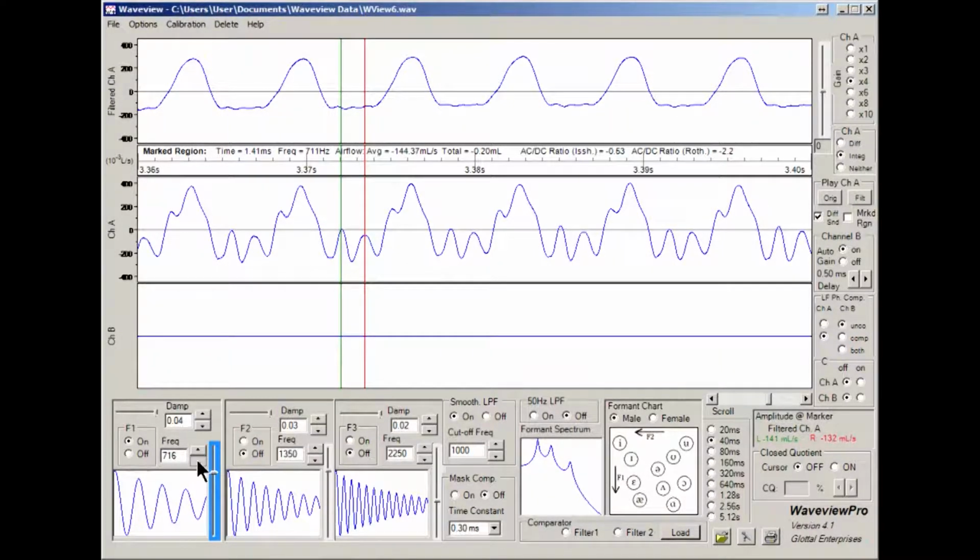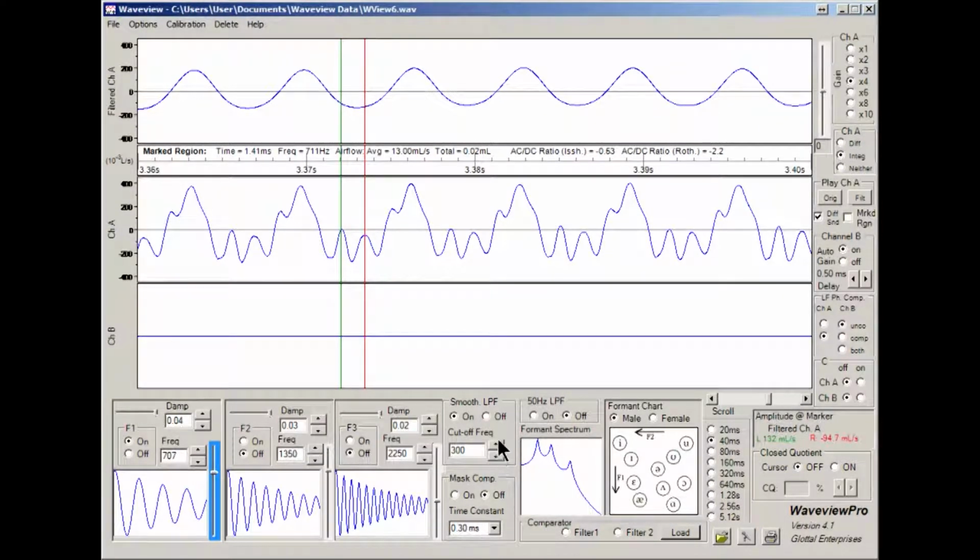Okay, 715, 710. So now the first formant is removed from here. What you're seeing on the screen is the second formant. There's a little bit left of the second formant, and the low-pass filter did not take this out entirely.